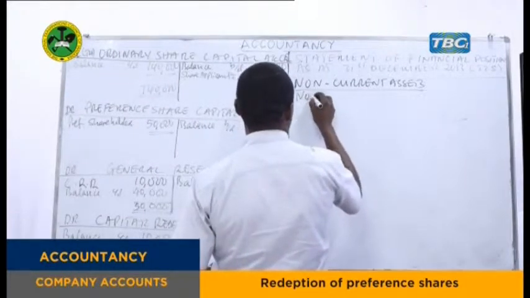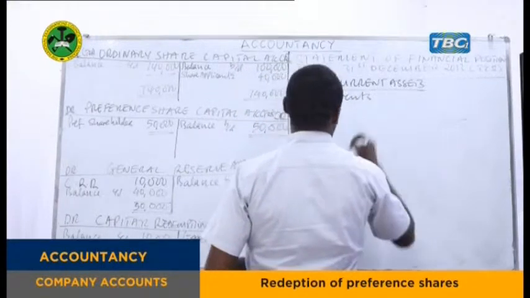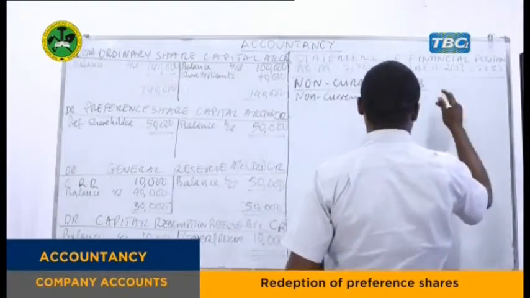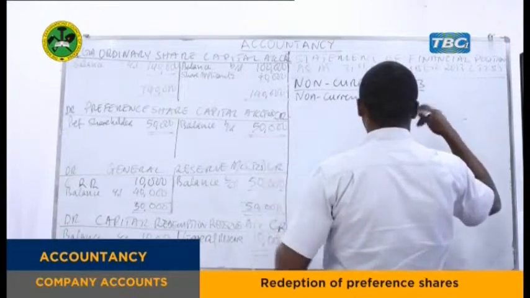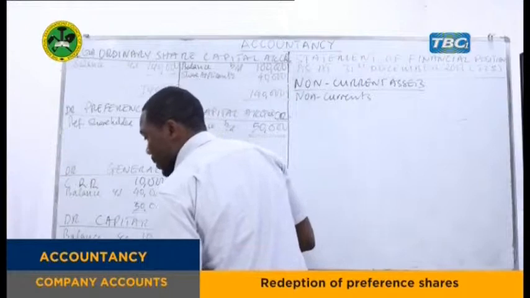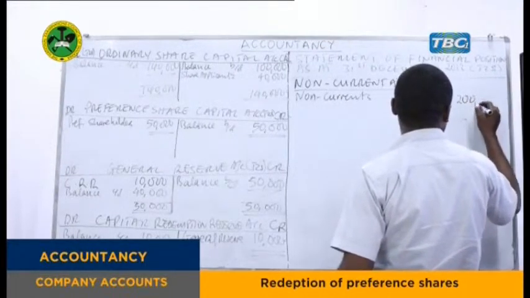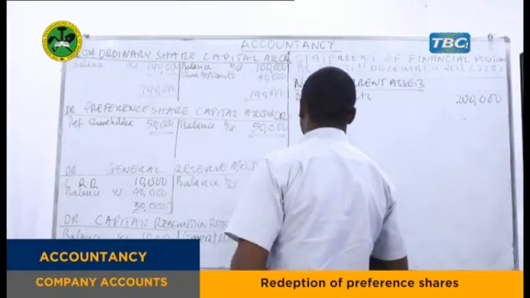Let me write it here. The total. So in the question, you may be given in different forms, but you need to write them accordingly. So we are told that the non-current assets were 200 in total from the statement of financial position.